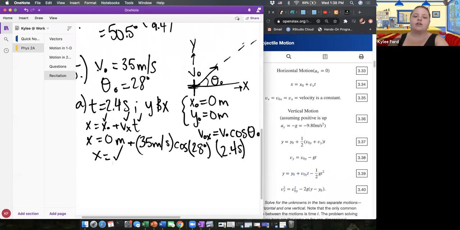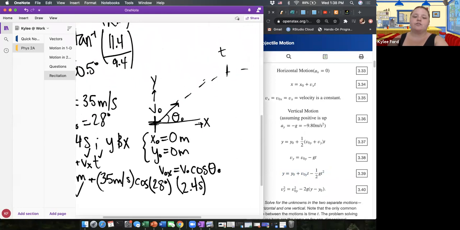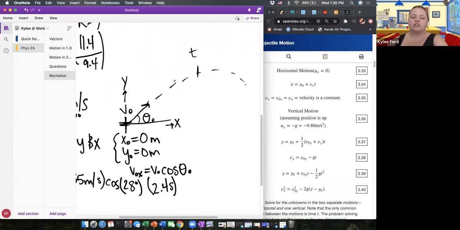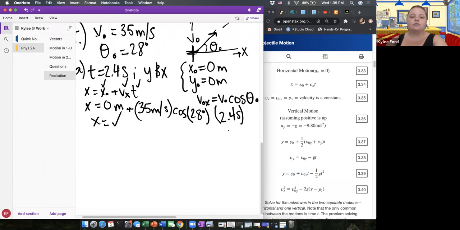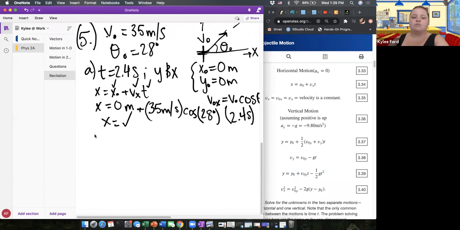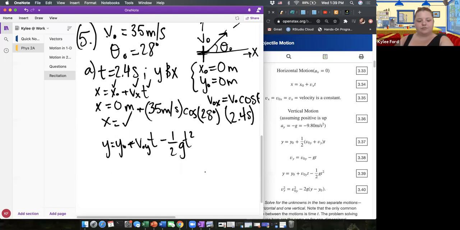So again, remember in all of these projectile motions, we always have G involved, okay? So we always know that number. So now I'm going to say Y equals Y naught plus V naught Y times T minus 1/2 G T squared.